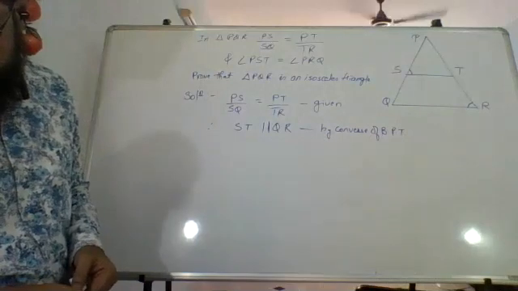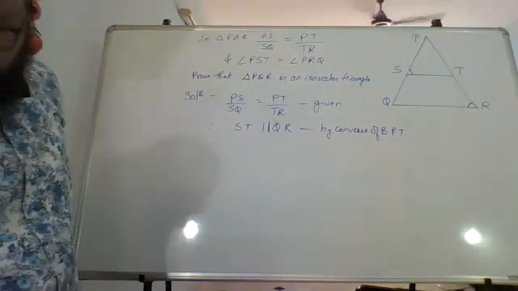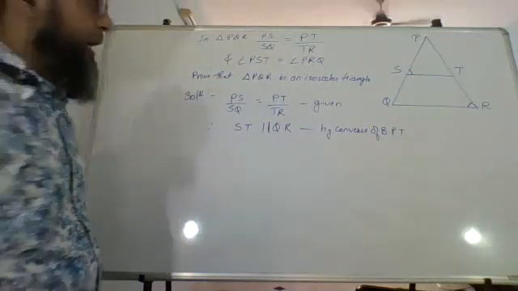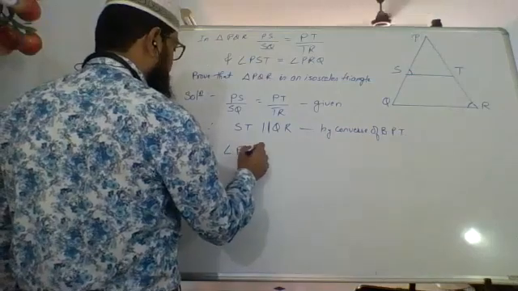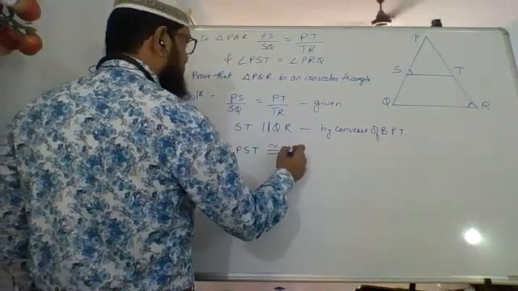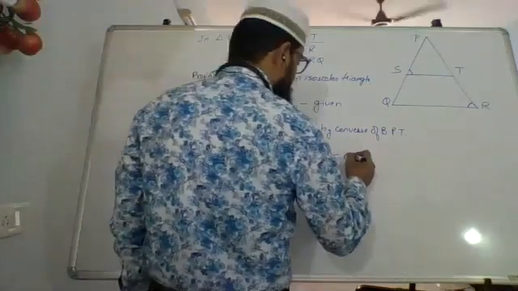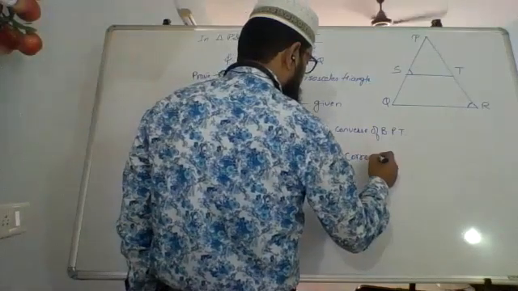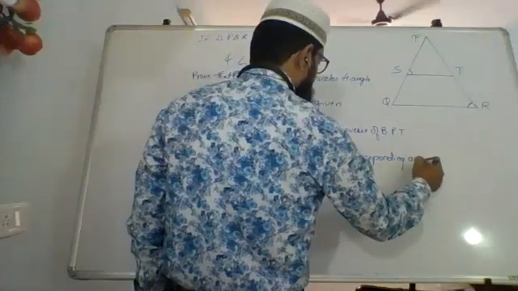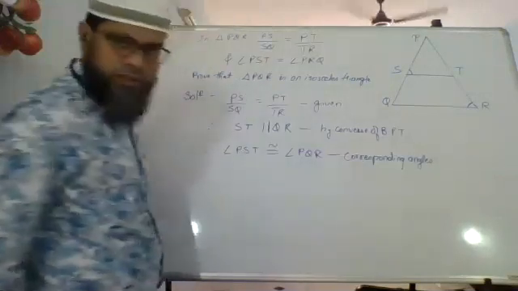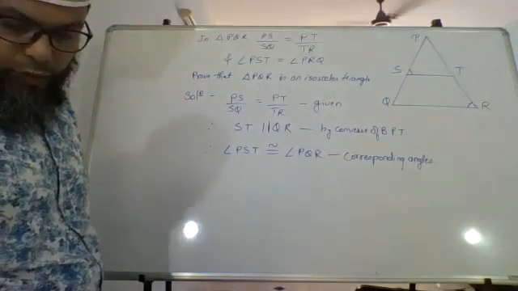So now, since the two lines ST and QR are parallel, angle PST is congruent to angle PQR. Reason: corresponding angles. The two angles are congruent because they are corresponding angles.